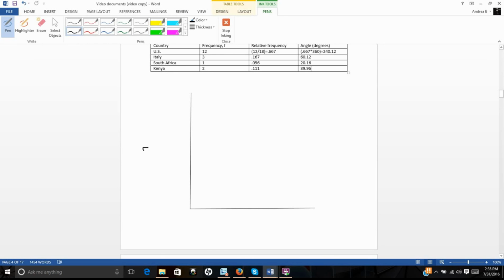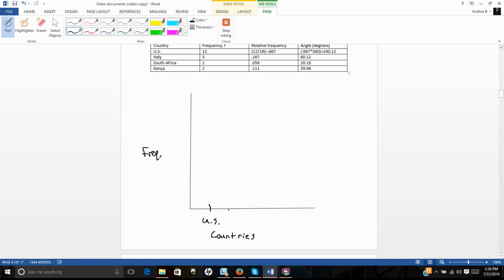But once again, our frequencies are going to be listed on the left-hand side, like whenever we did our frequency histograms before. And in this case, along the bottom, we're going to have our different countries, and we'll want to make sure to label each of those. In this case, we're not going to have to worry about any type of break since we're not dealing with quantitative values here. Just our different categories, our qualitative data.